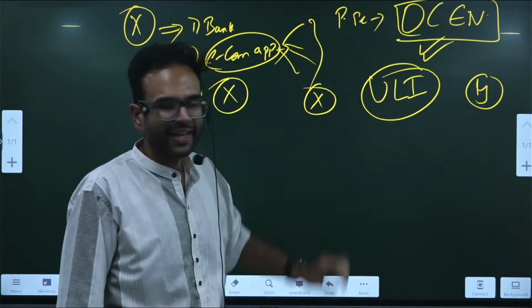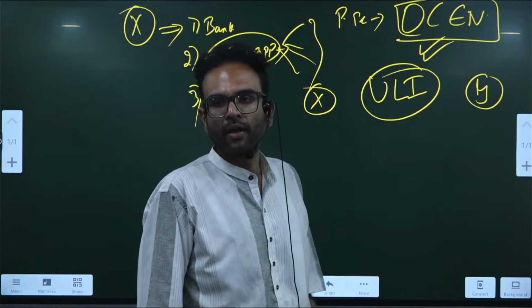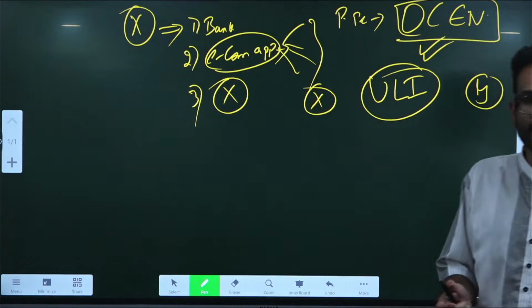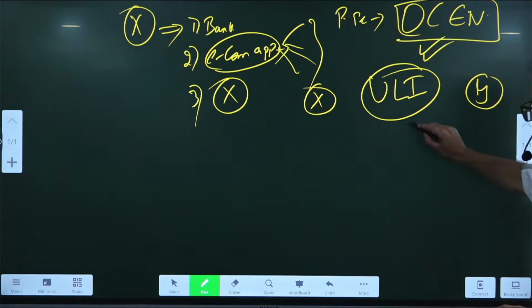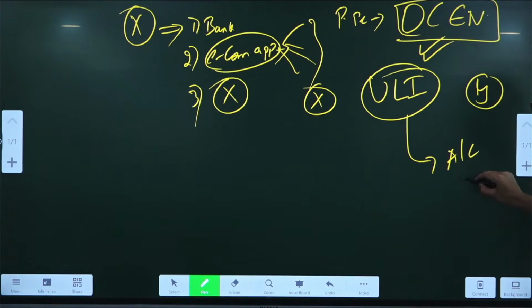But before that lending happens, they will need a series of data pointers, right? So this ULI will now attach itself with multiple account aggregators.